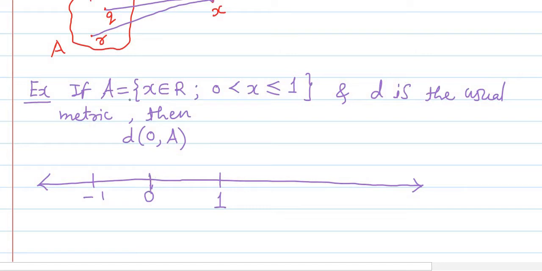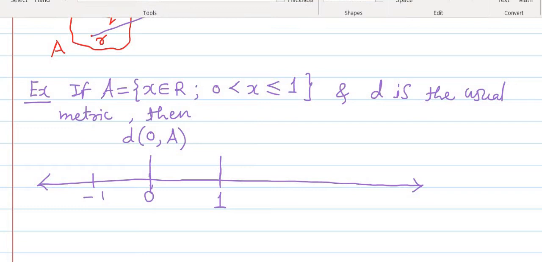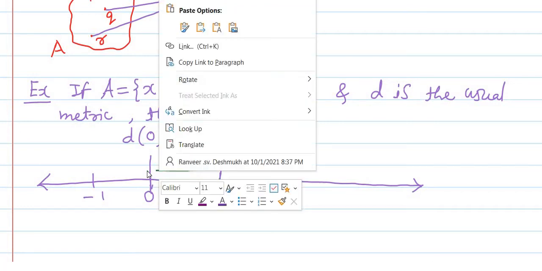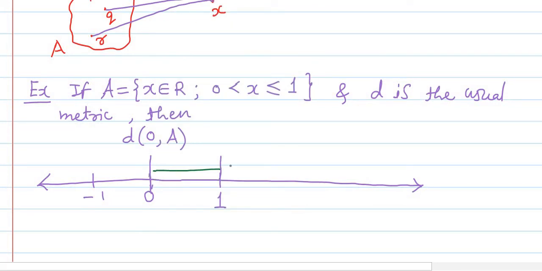Then the set A consists of all the points which are greater than 0 and less than or equal to 1. That I am indicating by the green colored line. So this is set A. It consists of all the points greater than 0, so it is not touching 0, and it consists of all the points up to 1. So here A is the semi-open interval 0 to 1.